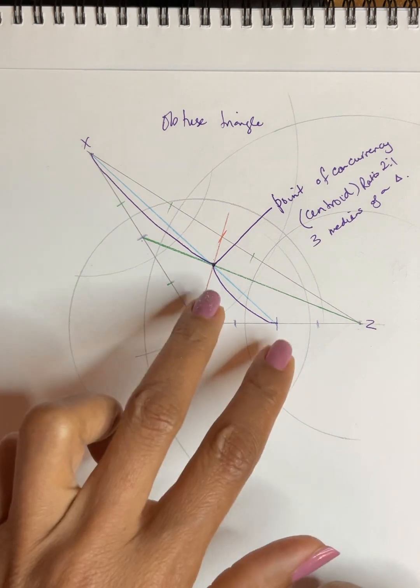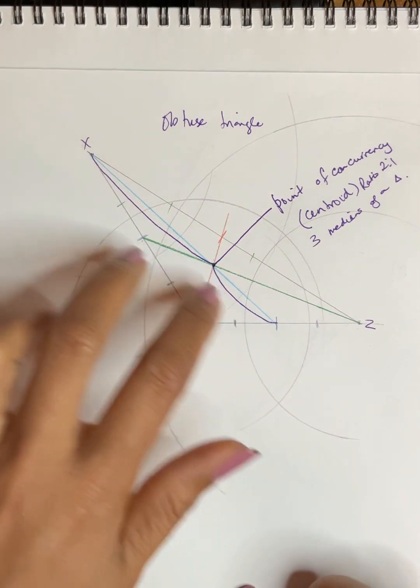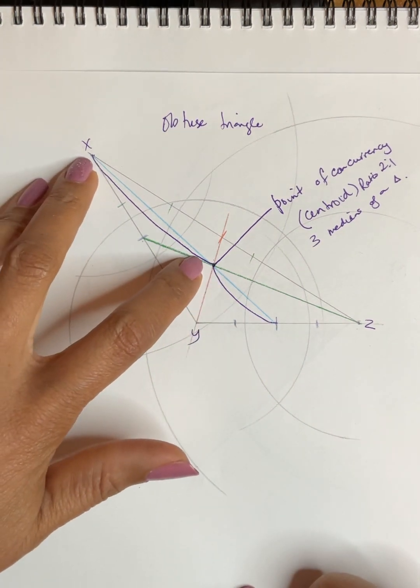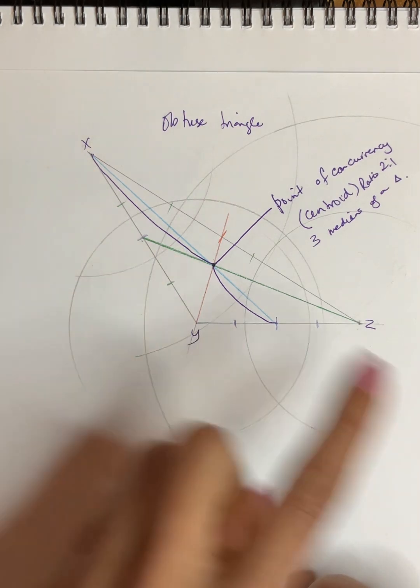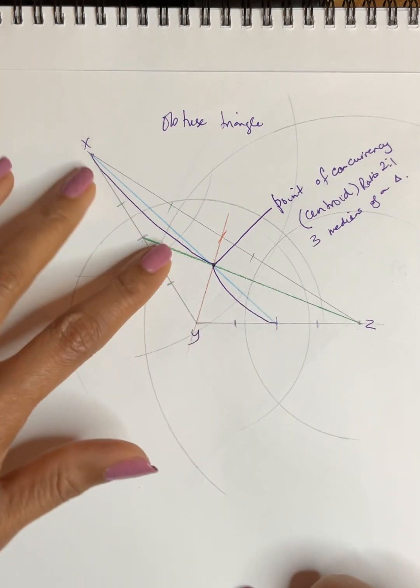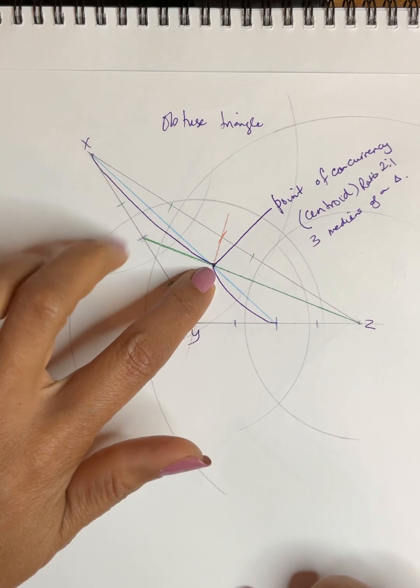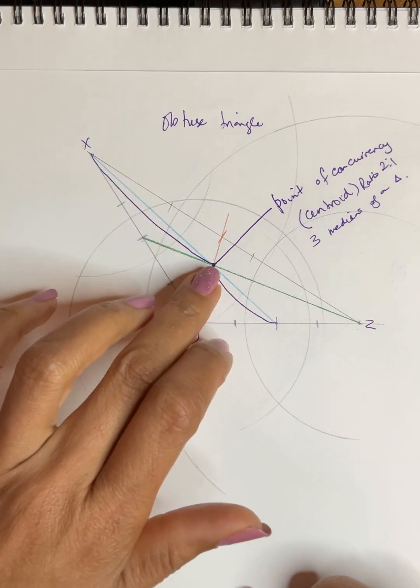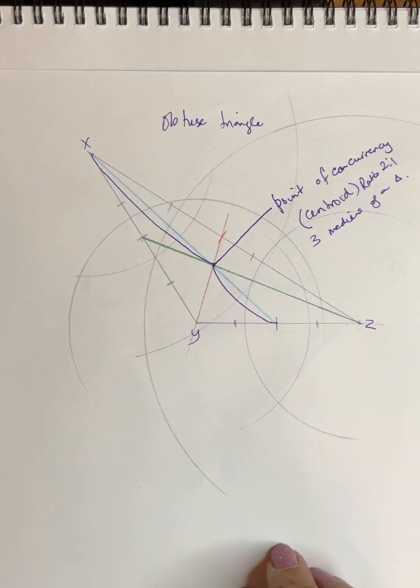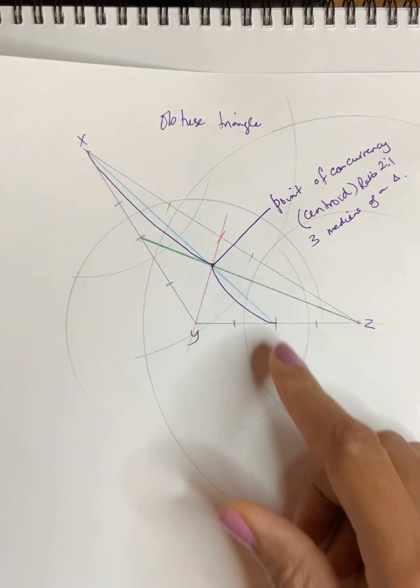When you need to find the length of this segment, you can be given the length of this segment, and there's a formula that you can use because the ratio is 2 to 1. So from the vertex to the centroid is twice the length from the centroid to the midpoint. Now this is your centroid right there.